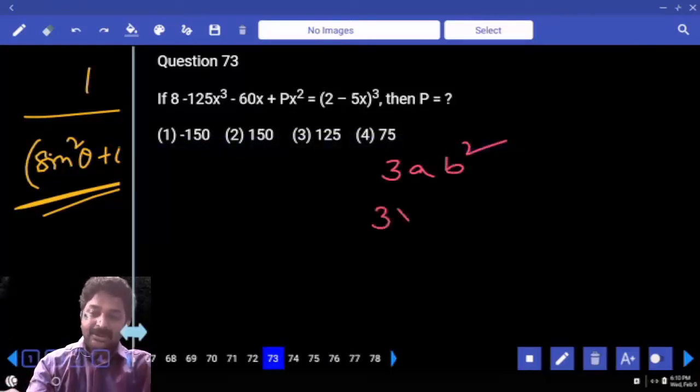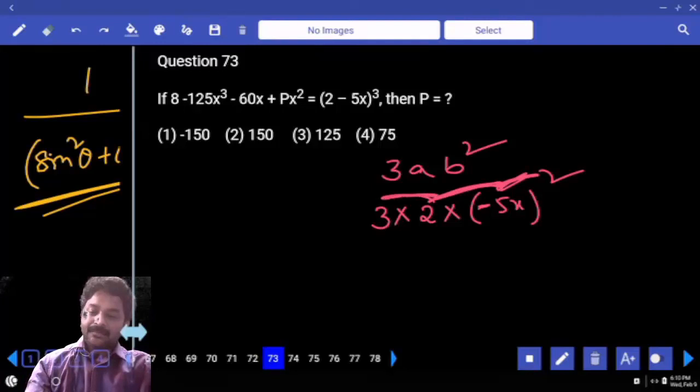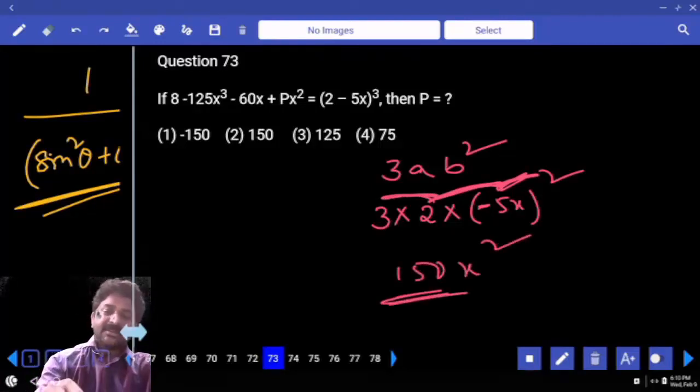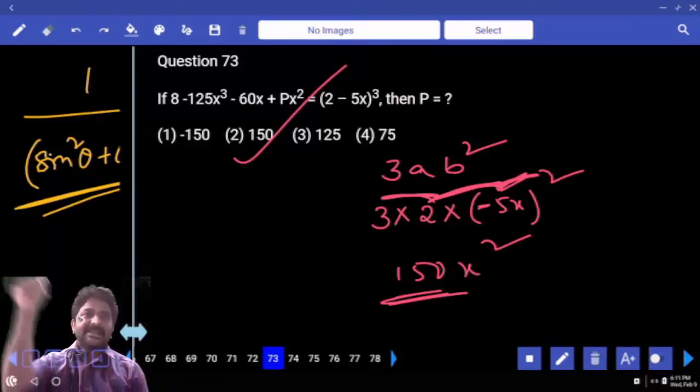So that is 3 into A value, 2 into B value, minus 5x whole square, and minus square becomes positive only. So 5 square is 25, into 2 is 50, into 3 is 150 x square. So what is the coefficient of x square? 150. You don't have to expand the complete A minus B whole cube. Just observe in which term you get x square, that's all.